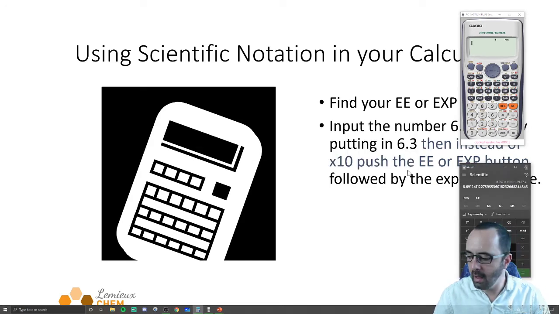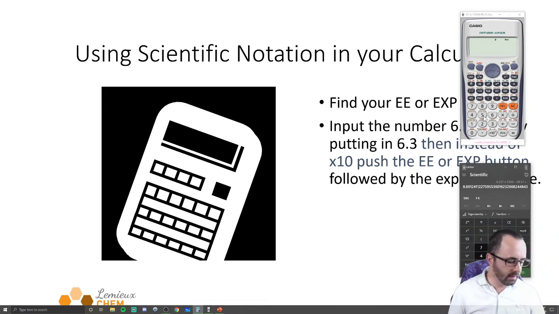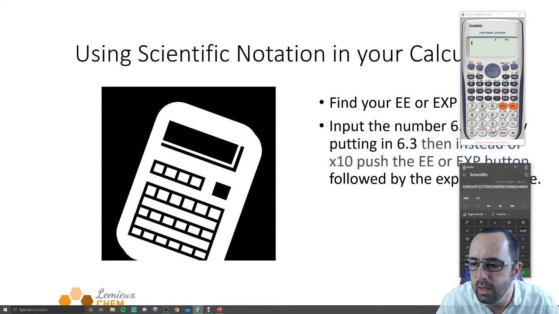So you may have a Texas Instruments or a Casio. What you want is a good scientific calculator that has some EXP. It also has log, so you see log here. Now I brought up the Casio because it doesn't have one that says EE or EXP. Its one actually says times 10 to the x. If you have one like this, it should work like you expect.